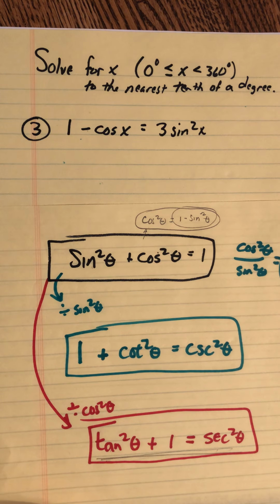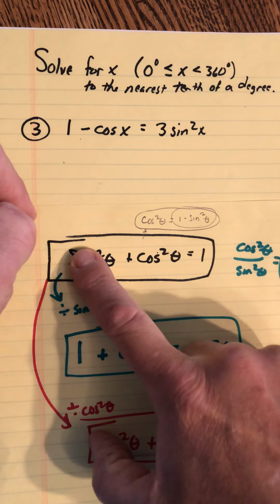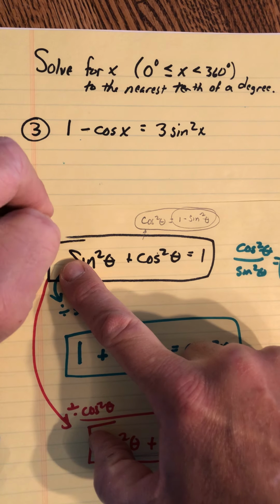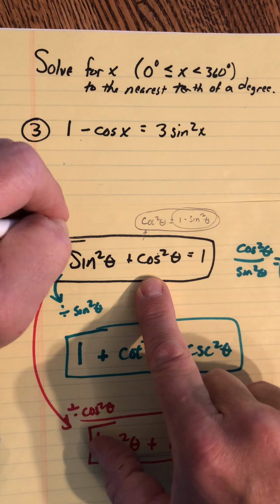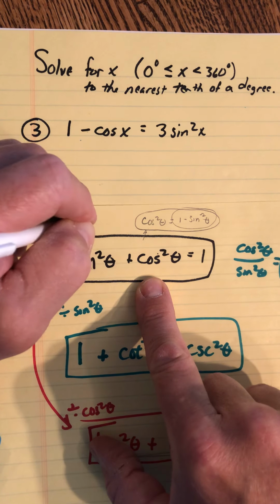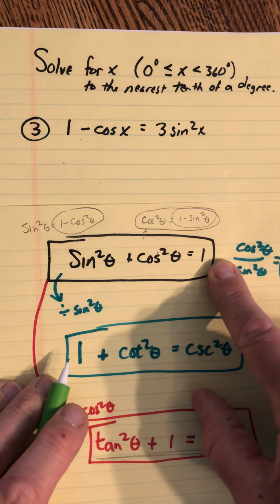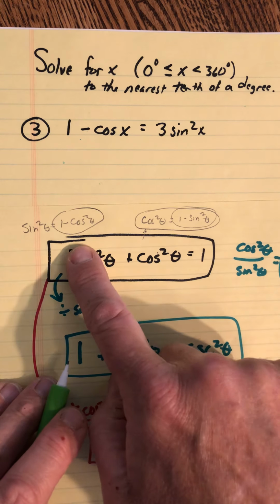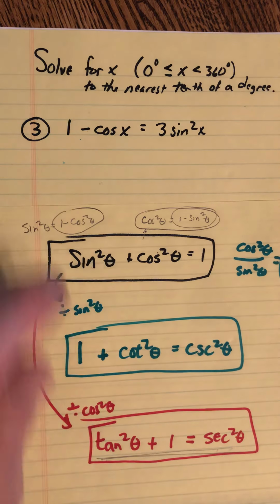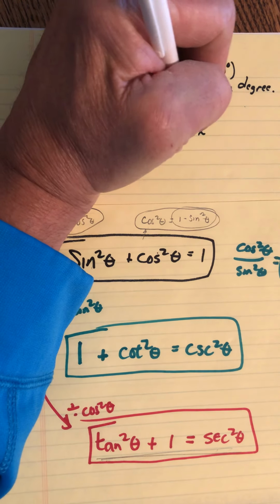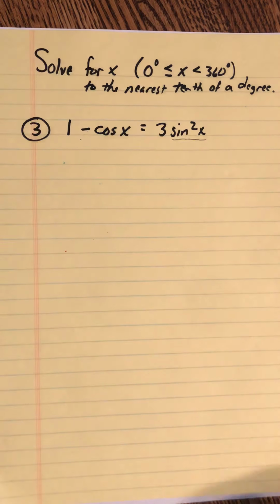So an alternate version of this trig identity would be to say, okay, sine squared of theta would be equivalent to 1 minus cosine squared theta, by subtracting that from both sides. So this is what I'm going to substitute, 1 minus cosine squared for the sine squared there, okay?